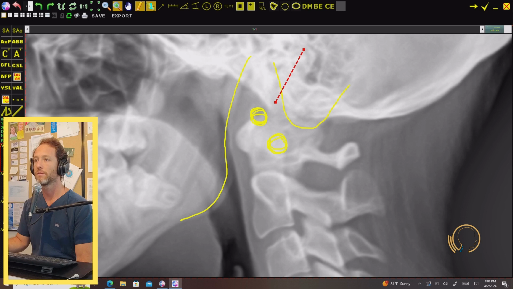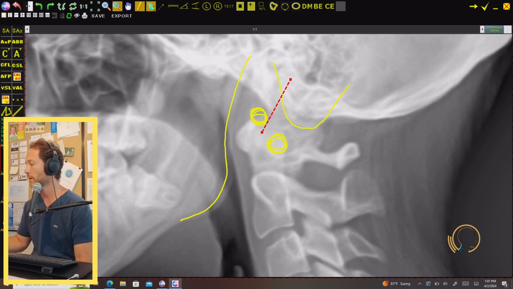Well, now look at where I'm at relative to this guy. I should be behind him, pushing him anterior, and now I'm in front of him, pushing him posterior.